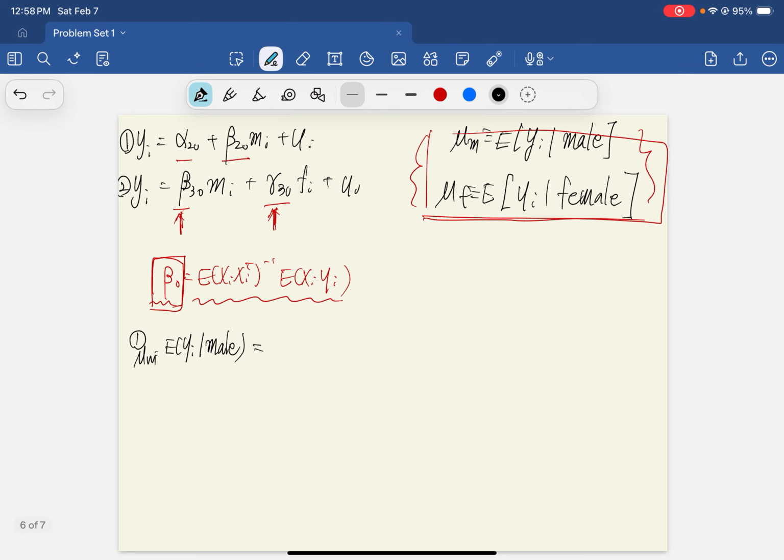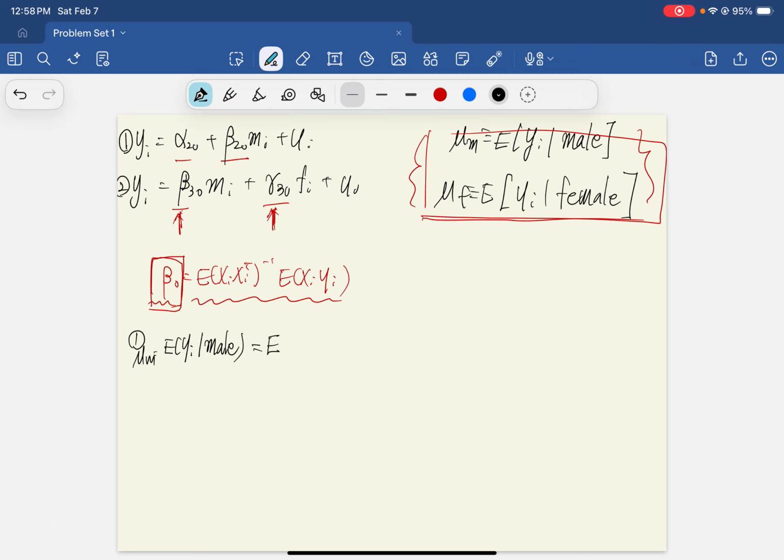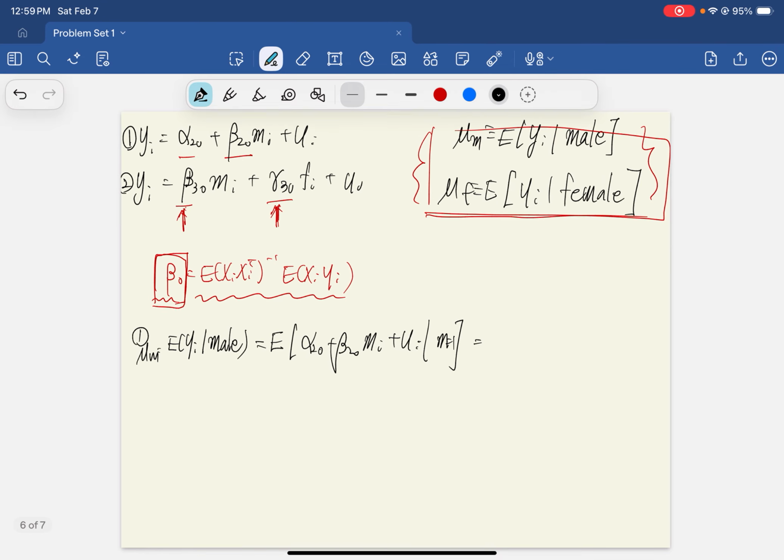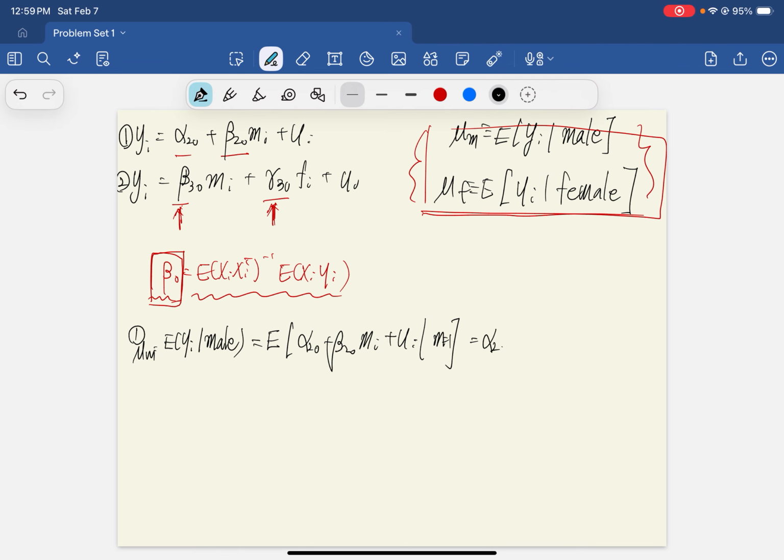That is, if you replace y with alpha 20 plus beta 20 m_i plus u_i given m equals 1, then you can write this as alpha 20 plus beta 20 expectation m_i when m_i equals 1 plus expectation u_i when m_i equals 1.